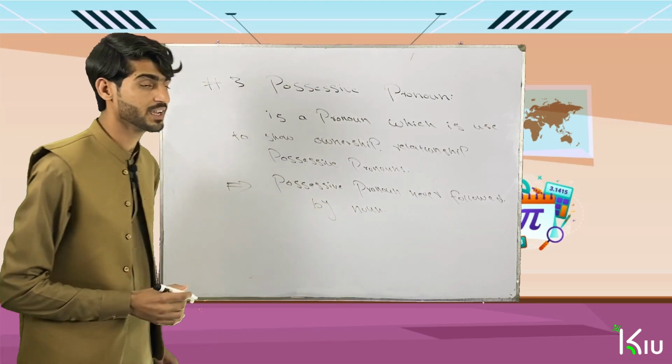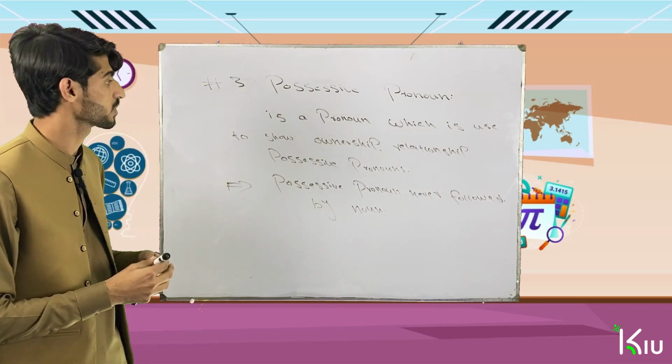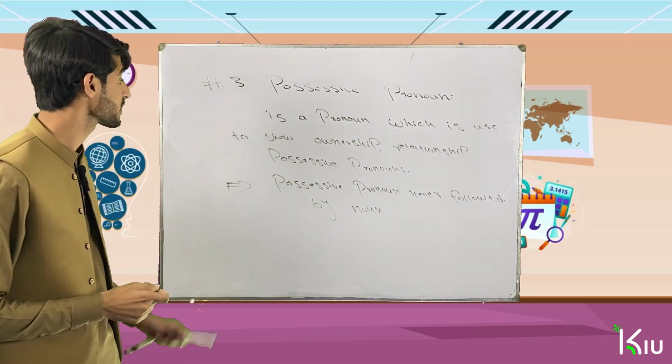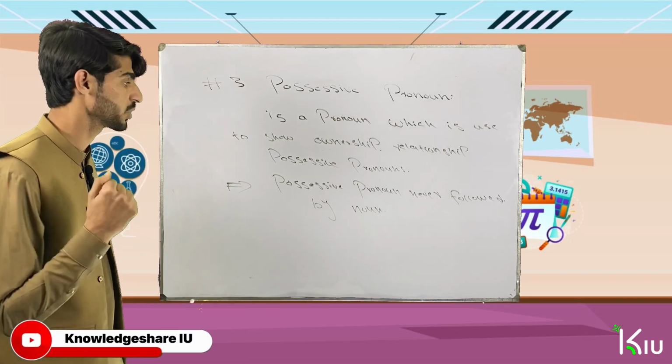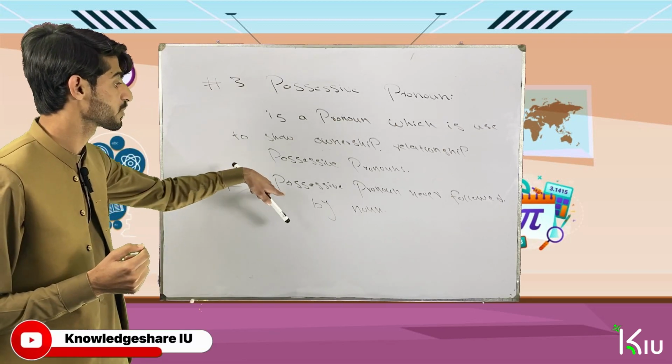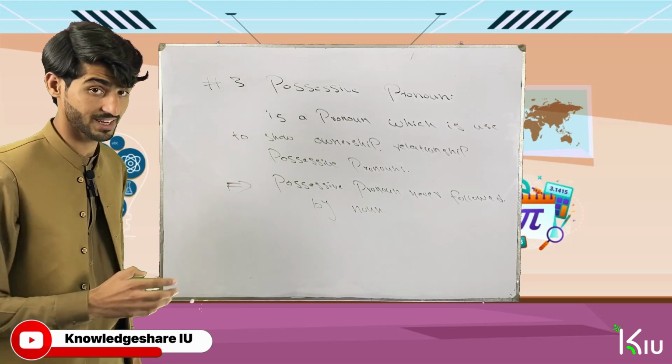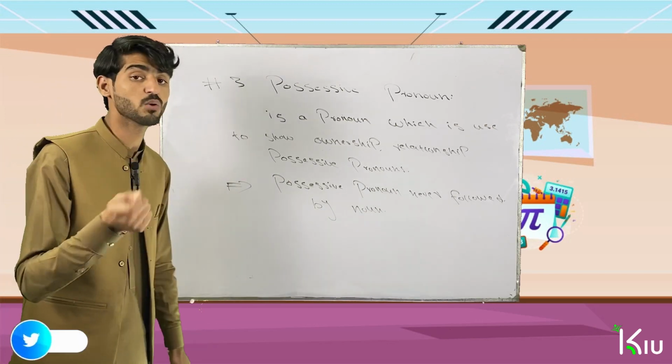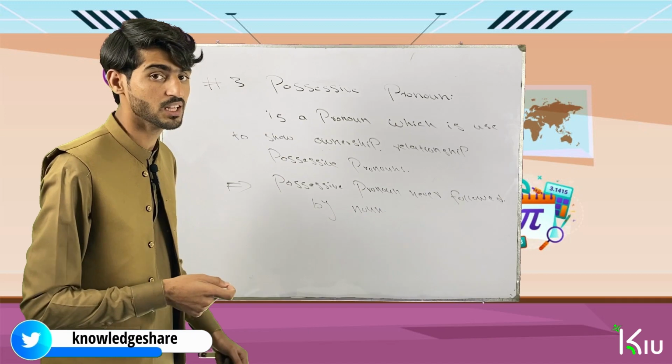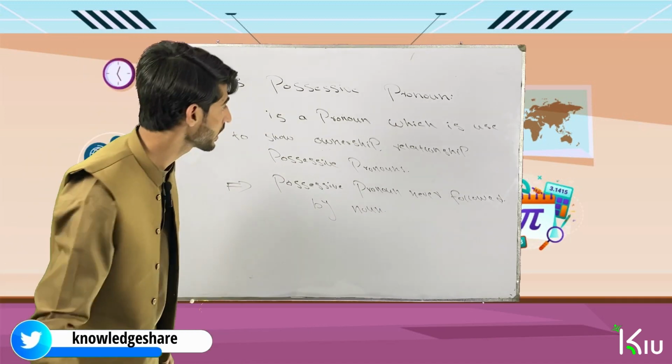Okay, so again, possessive pronouns are those pronouns which are used to show relationship or ownership. And one thing, that possessive pronoun is never followed by noun. We cannot put noun after possessive pronouns. Let's see what are possessive pronouns.